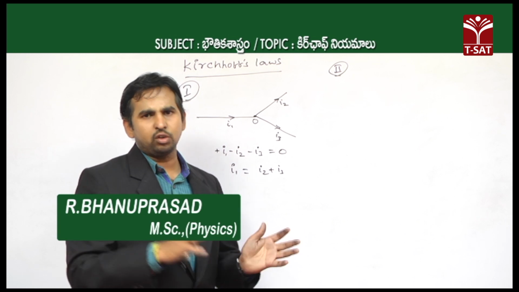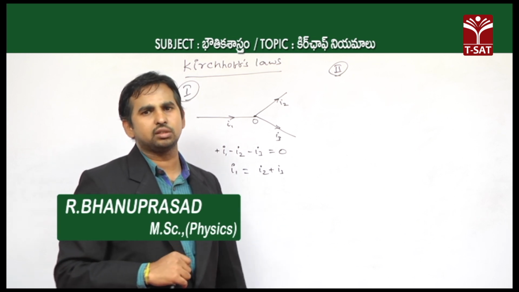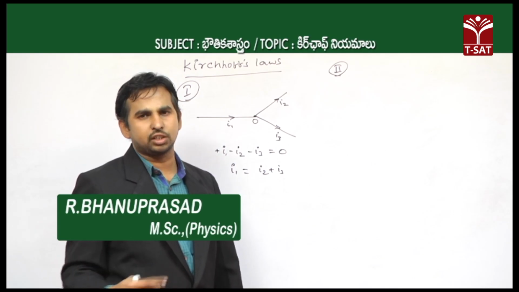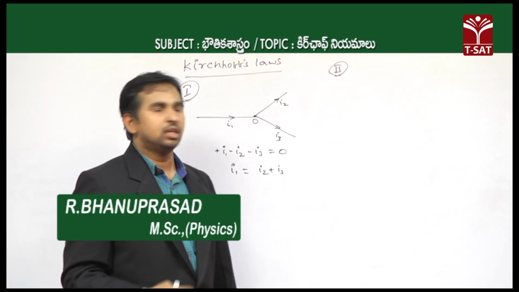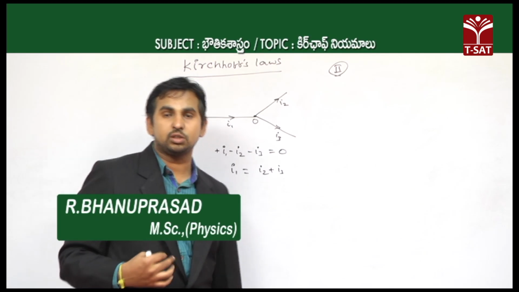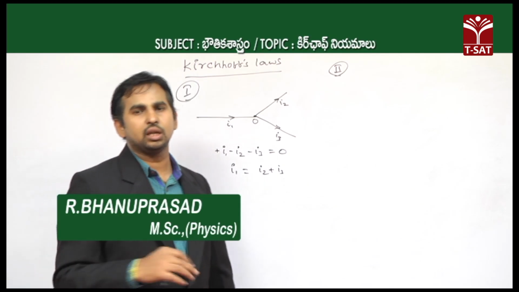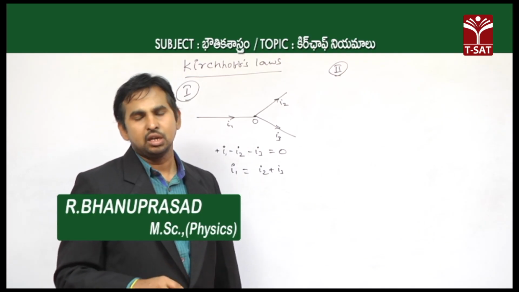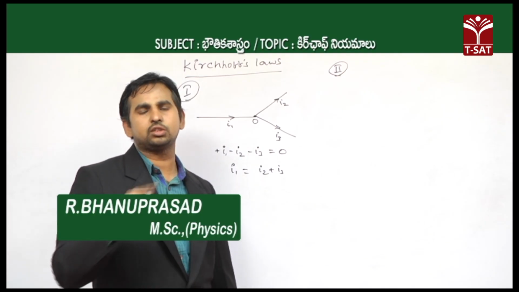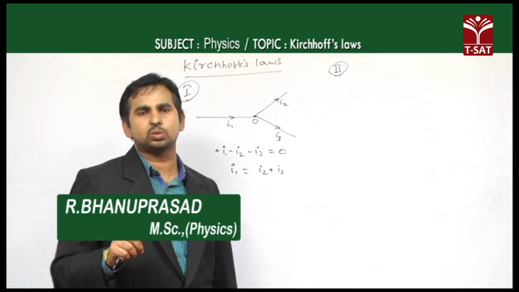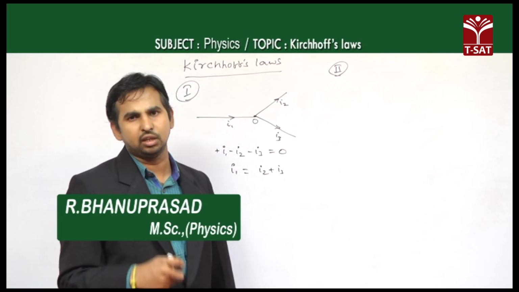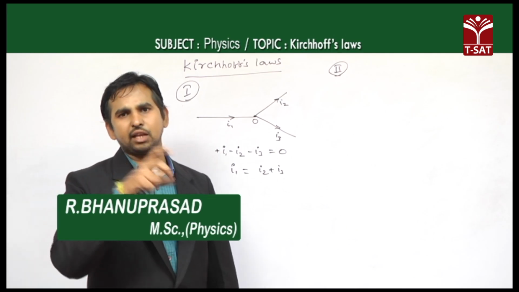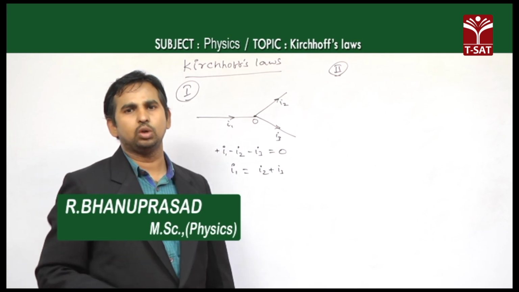When you have two or three electronic appliances inside, there is a potential drop depending on the resistance, so different voltages are present. But finally, this voltage drop is due to the main source voltage, so the sum of all the potential drops has to be equal to the final voltage.